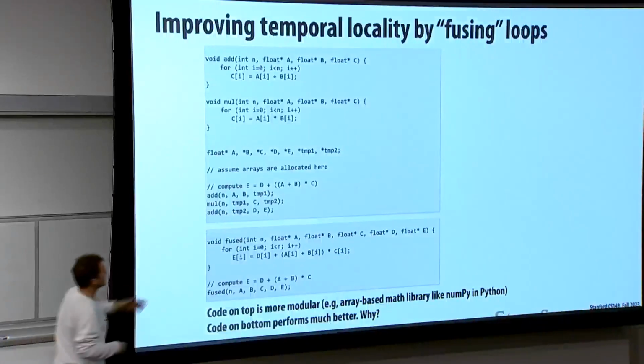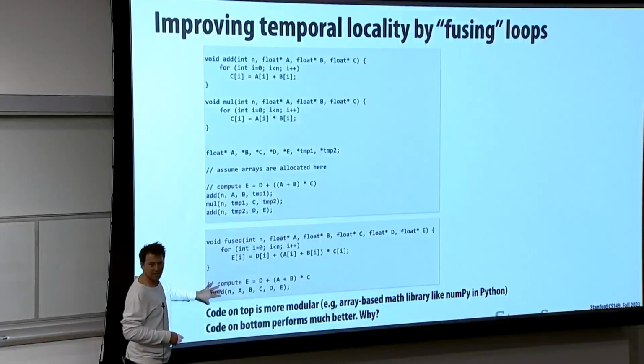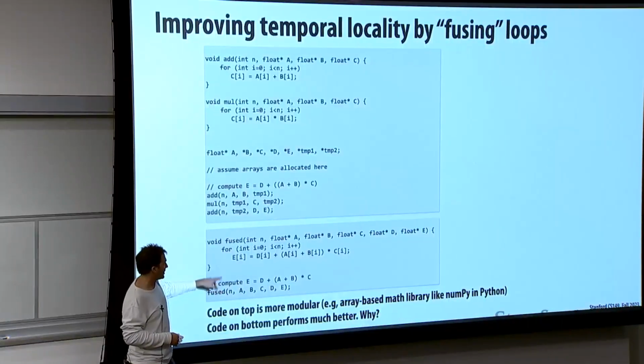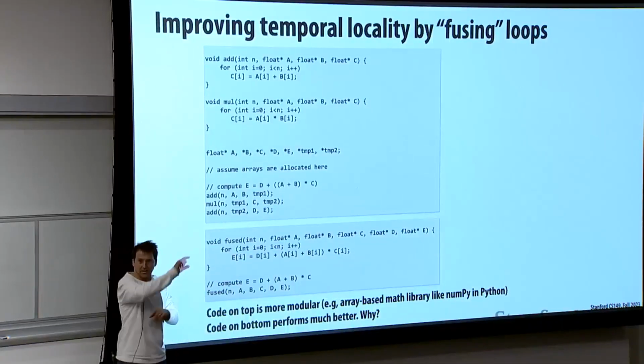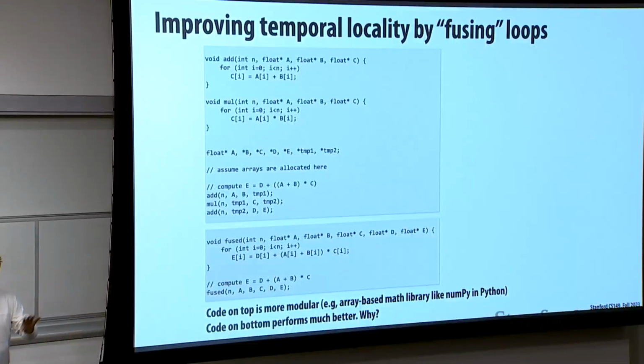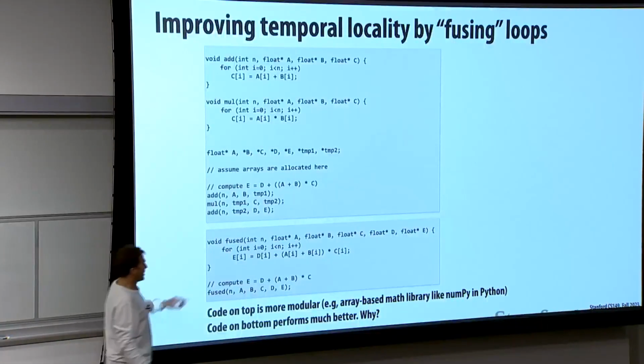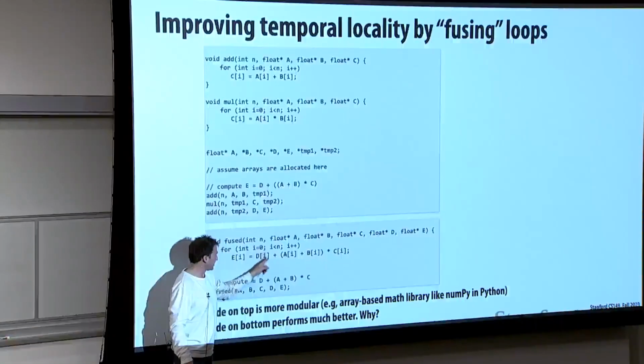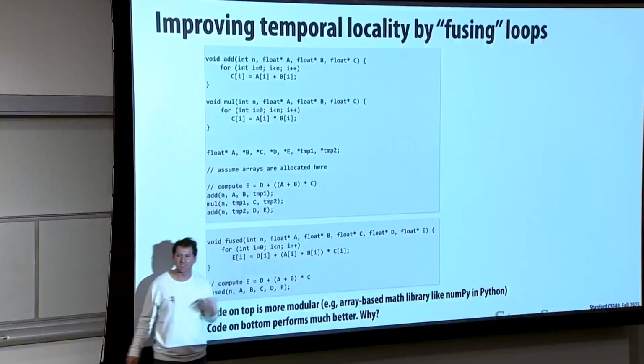Now here's an example where I took the program and I rewrote it. Instead of iterating over all elements and doing the add, and then iterating over all elements and doing the mul, I'm iterating over all elements, but for every element, I'm doing the entire expression and then writing the result.